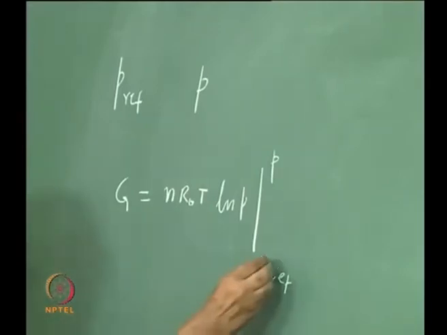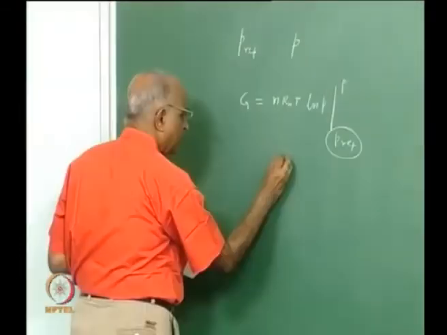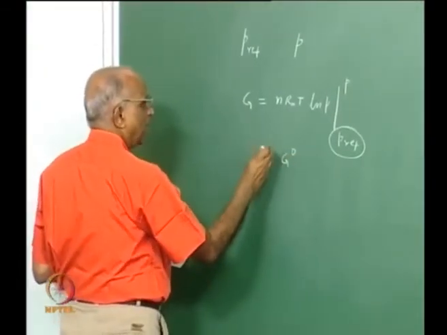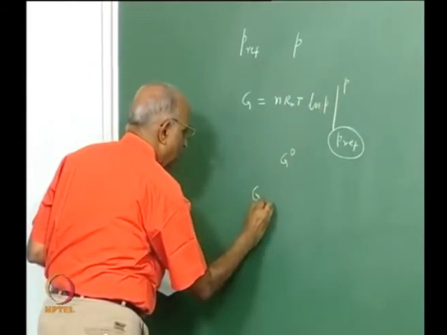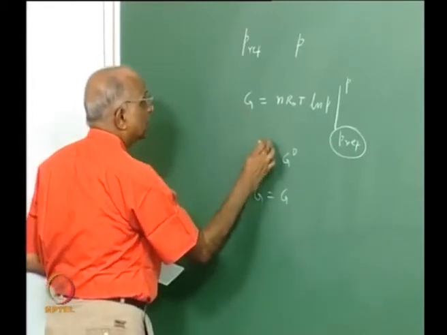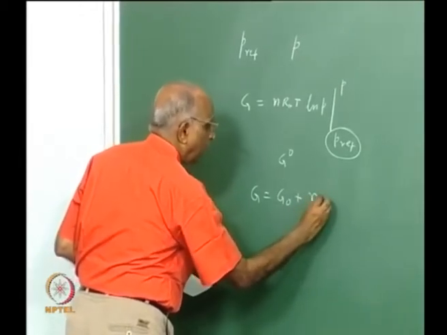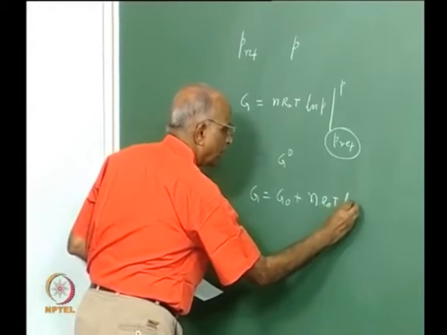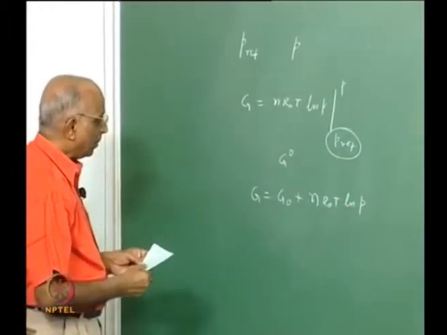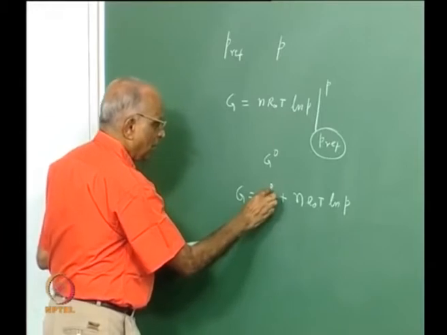The standard reference value of P reference is taken as 1 atmosphere generally, and assuming the value of G corresponding to the reference pressure as G naught, we can now write the value at any partial pressure P as G is equal to G naught plus N R0 T ln P. We must remember that for this G naught, I should have put the reference value, that is the 0, as a suffix.